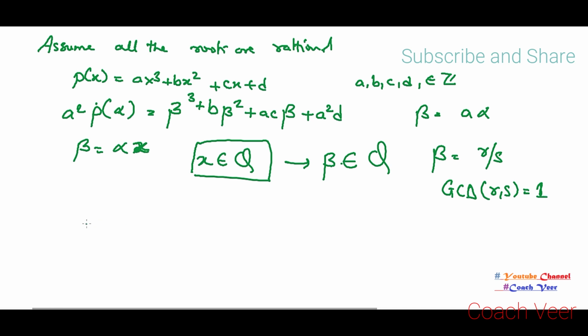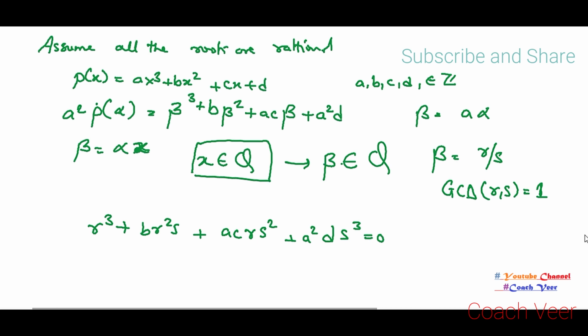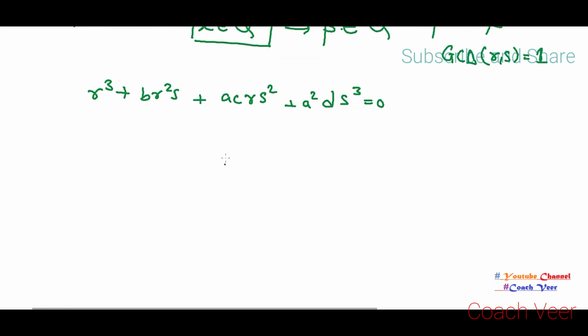Okay, so when we substitute, we get r cube plus beta r square s. What I am just doing is, in place of beta I am just putting r by s. Because of that I get this situation, a c r s square plus a square d s cube is equal to, since all the last three terms, they all are divisible by s.